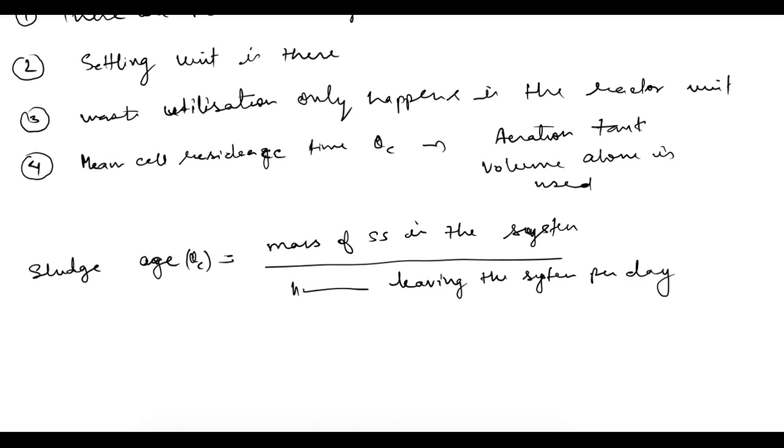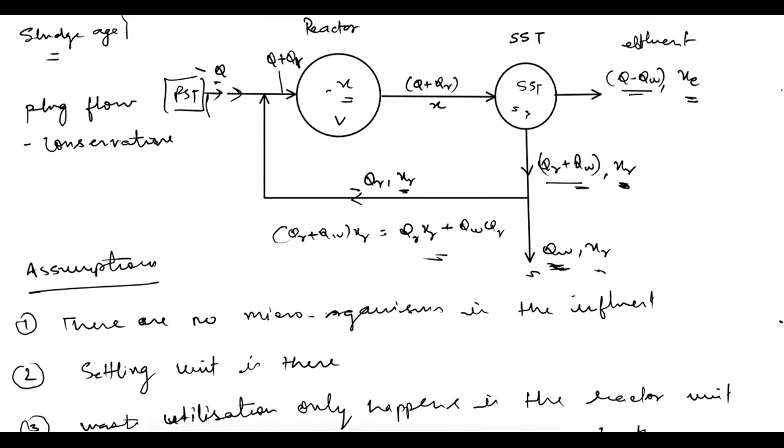So we can calculate that. So first thing we need is mass of solids in system. So mass of solids in system we'll calculate just with the volume of the aeration tank, because that is the assumption we are making. So X is the concentration of solids here in the aeration tank, that is your MLSS, and V is the volume.